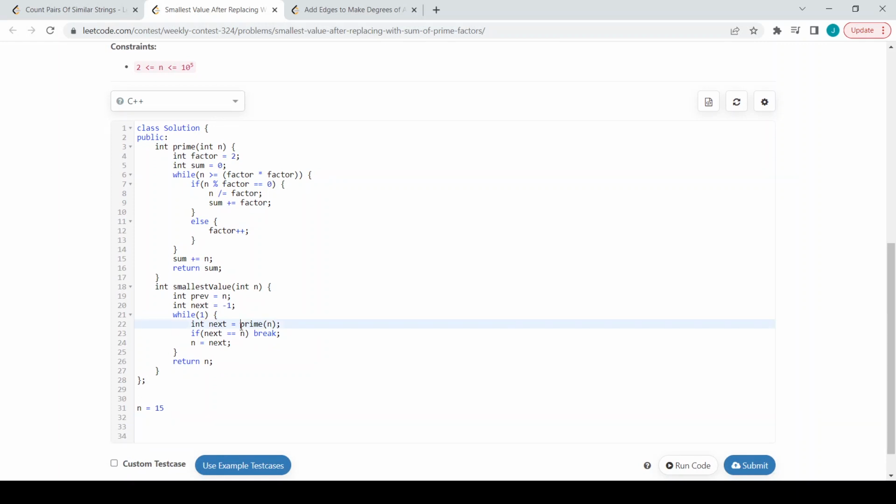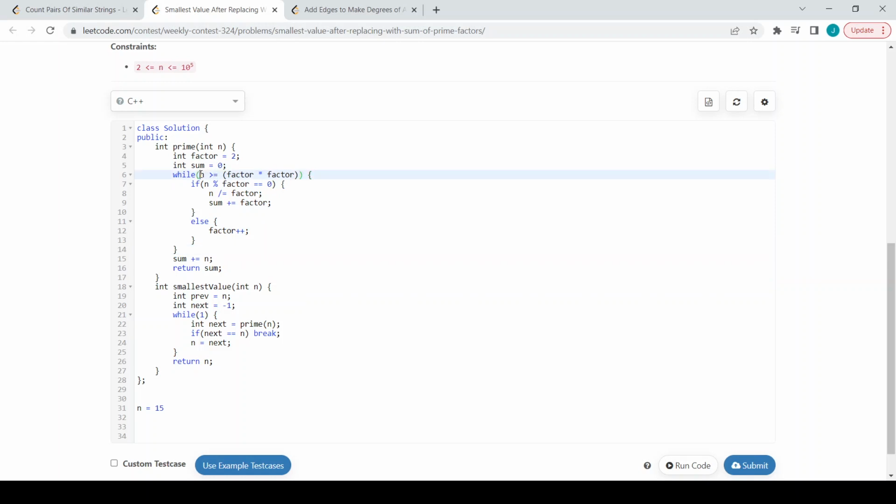I will be calling this function prime of n. This function is going to decompose n into its prime factors, and I'm going to return the sum of those prime factors. So I'm starting the factor from 2, and my sum is initialized with 0. This while loop is going to prime decompose n.